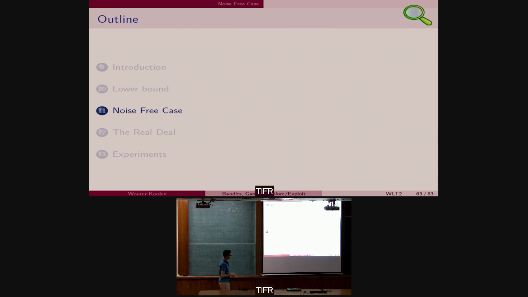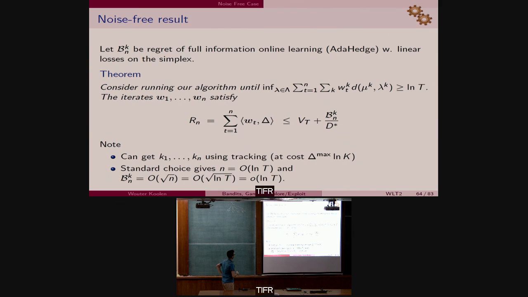Again, it's unfortunate that I can only do a little bit of justice to the thing. So let's look at what happens if we cheat grossly and say, let's not worry about any estimation, let's just run this scheme on the actual mu and see what happens.